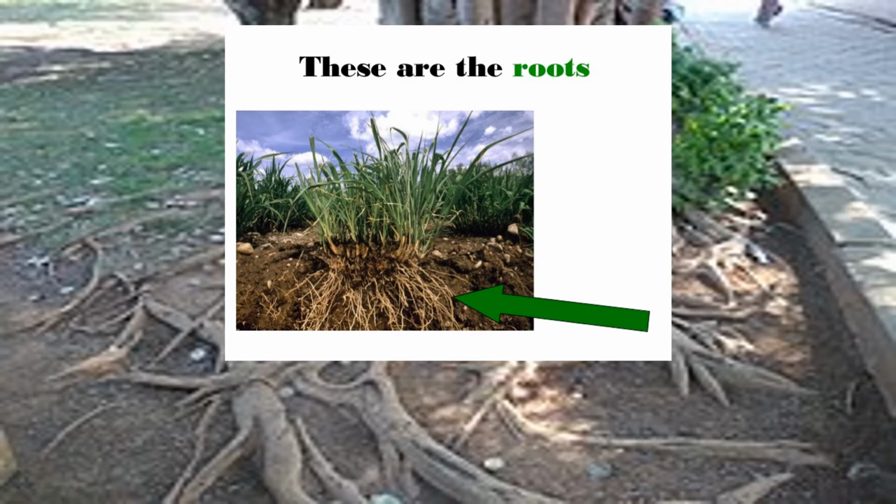Roots of the plant grow under the ground mostly, but as you can see in the background of this picture is a tree whose roots are growing on top of the ground, but eventually they go under the ground as well, because roots do go down into the soil so they can suck up all the water to go into the plant.